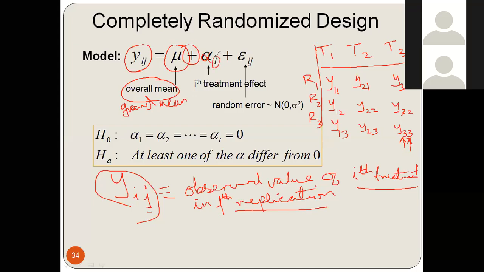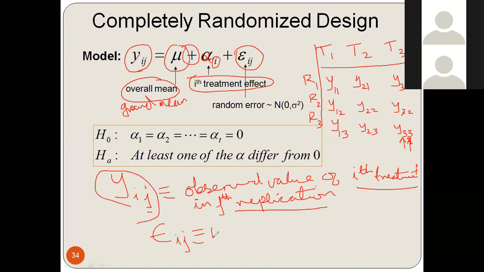Which treatment effect? This is the ith treatment effect. Plus, this is the random error. This is called the random error. All right. I will write down Eij.